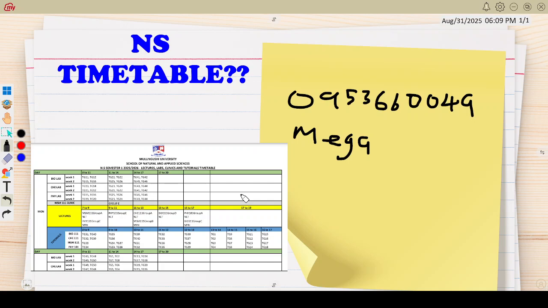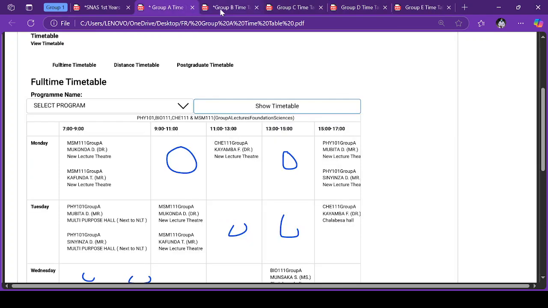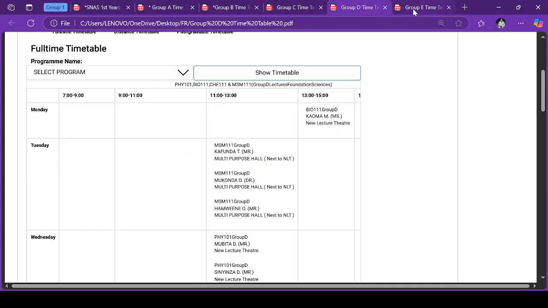I'm just pointing you in the right direction, like, do this and do that, so that you have your simplified timetable. No need to pay anything. Just write down the timetable I told you, your specific group timetable. If you don't have it, you can just let me know on that line. I have group A, group B, group C, D, E.